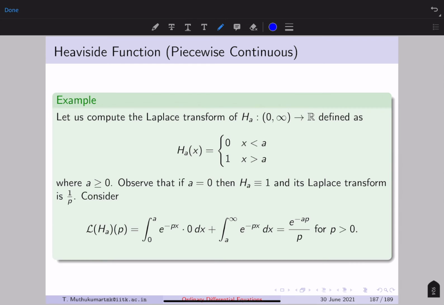If you integrate that, you get this, which is valid for p bigger than 0. We have done this before, right? So for p greater than 0, you have e^(-ap)... So the Laplace transform of the Heaviside function here is e^(-ap) over p. And this is also valid when you put a equal to 0, you get 1 over p.